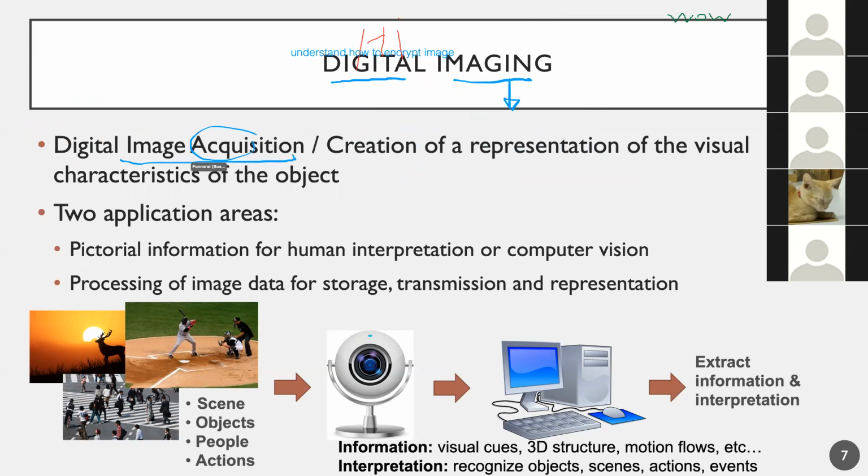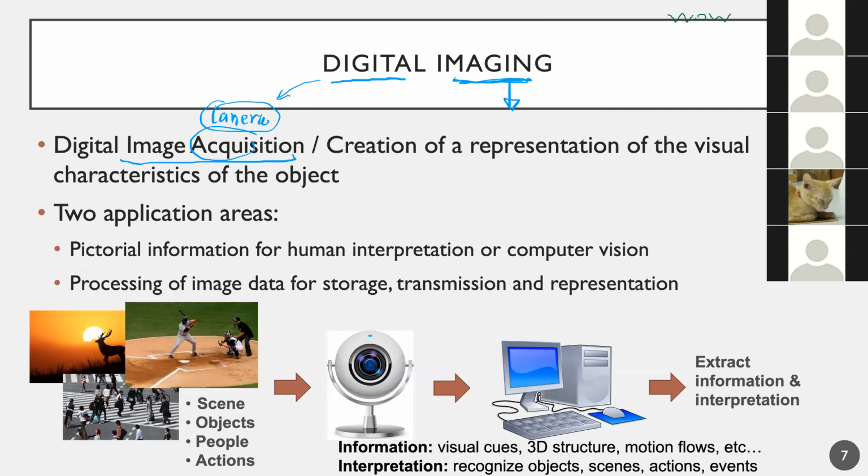Image acquisition is how you acquire an image, or get an image. Mostly you will use a digital camera, and you will see that a lot of applications use just a digital camera.